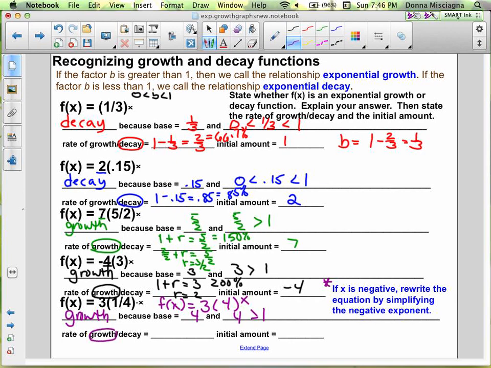So 1 plus r equals 4. That means r is 3. You're increasing by 300%. So your base is 4, because you get your base by 1 plus the rate of increase, or 1 minus the rate of decrease. So 300% growth, your initial amount is the number that's not raised to a power. Your initial amount is 3.